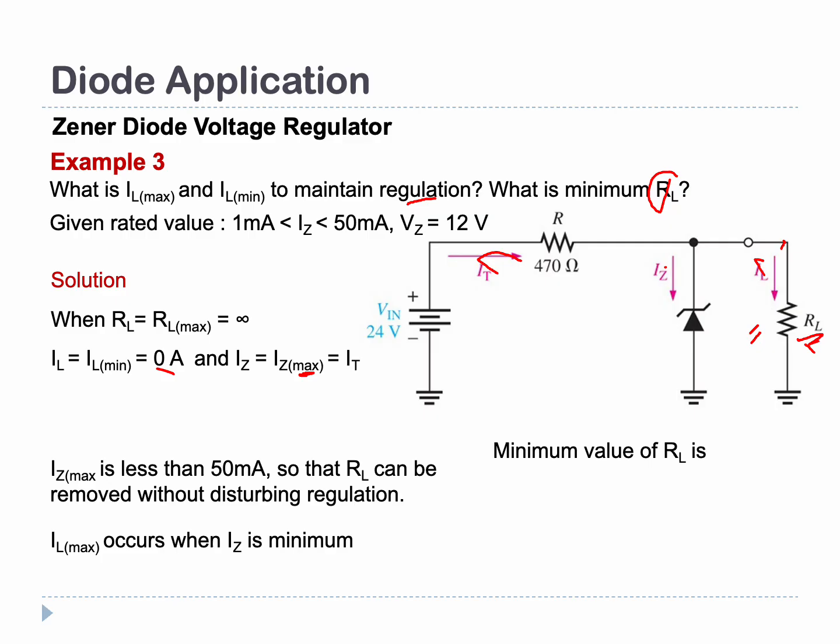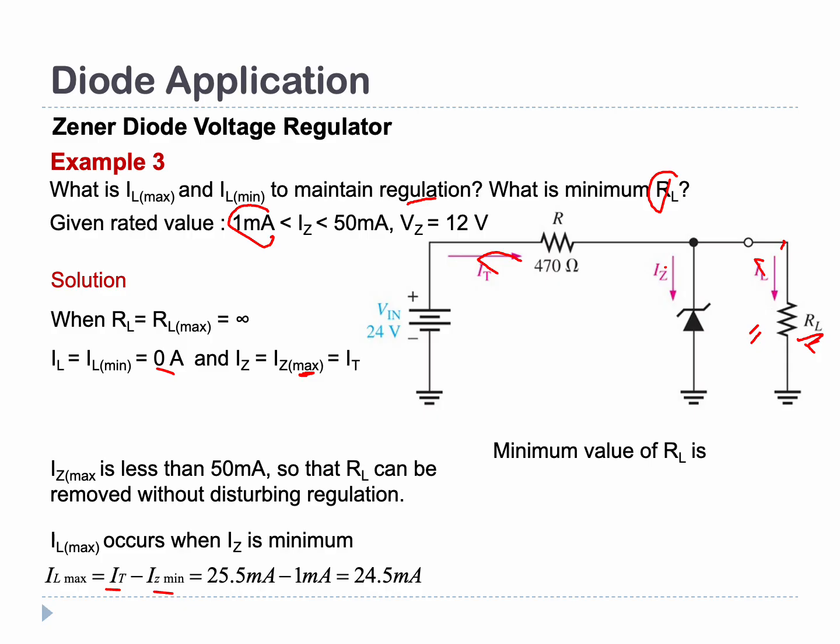Alright, so IL max occurs when your IZ is minimum. So for the minimum value of RL, IL max is equal to IT minus the value of IZ min. How to calculate the value of IZ min? It is already given in the range, which is 1 milliampere. Now the maximum value of the current that is flowing, IT, how much is the value of IT?